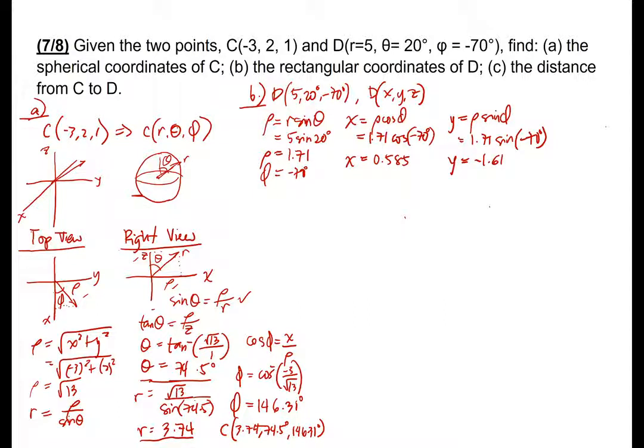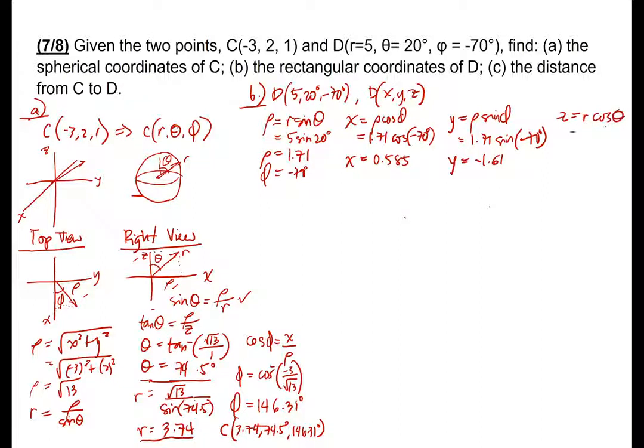And then you have the Z. The Z can be seen in the right view. We see that Z is adjacent to theta, and then given R, from the cosine theta, we know that cosine theta is equal to Z over R. Therefore, Z is equal to R cosine theta.